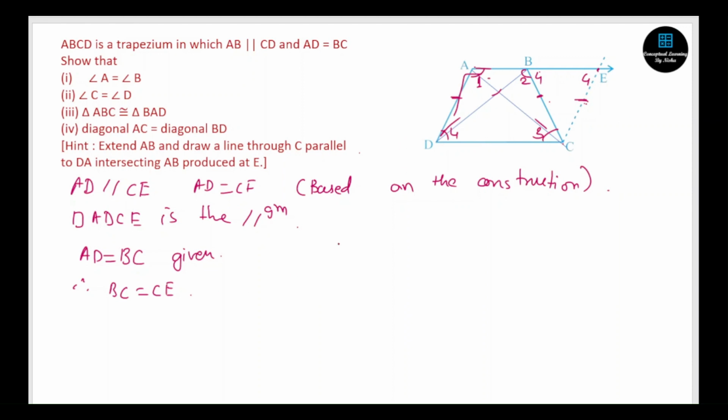Now from the figure, what can I say? Angle 1 plus angle 4 equals 180; these are adjacent angles.